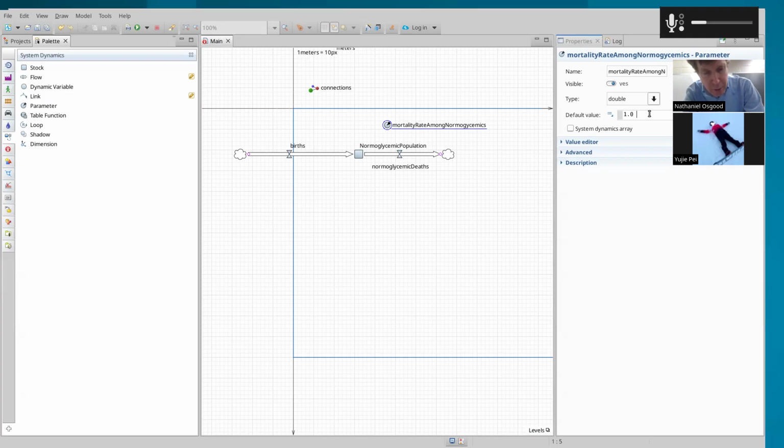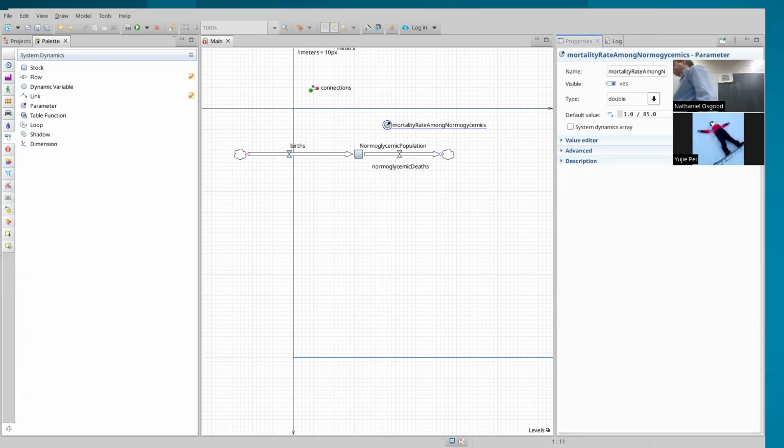And so this is going to be a rate per person. That's the probability that they die per year. So I'm going to put in 1.0 divided by 85. So this is a probability per year that someone will die.